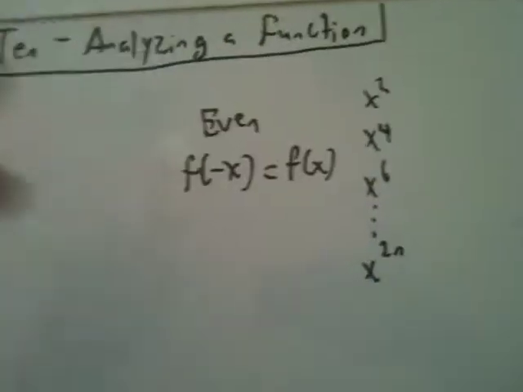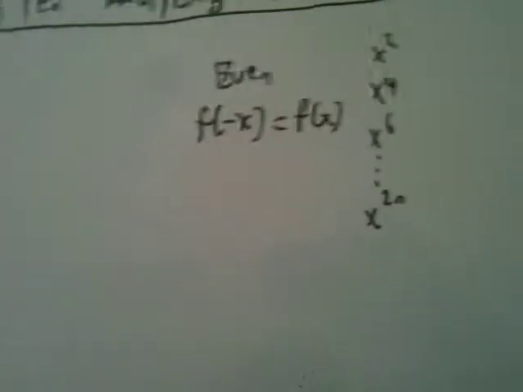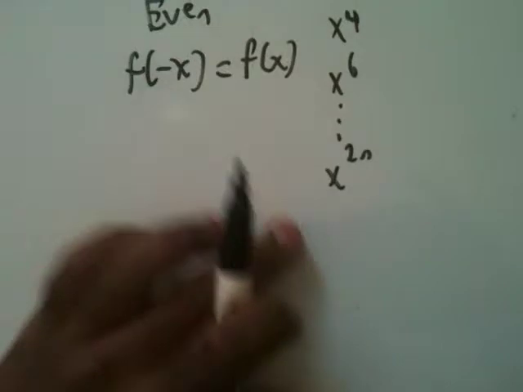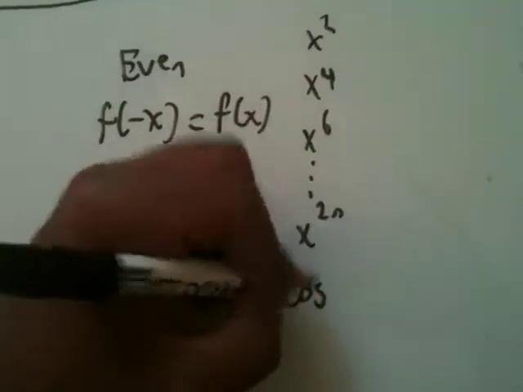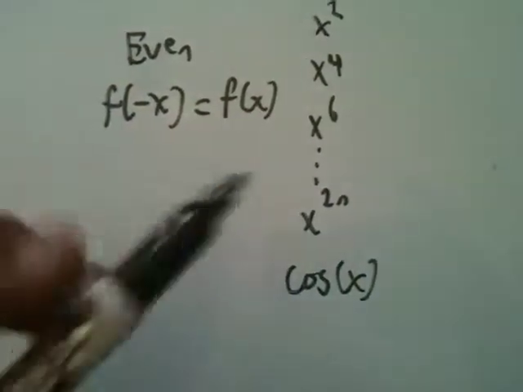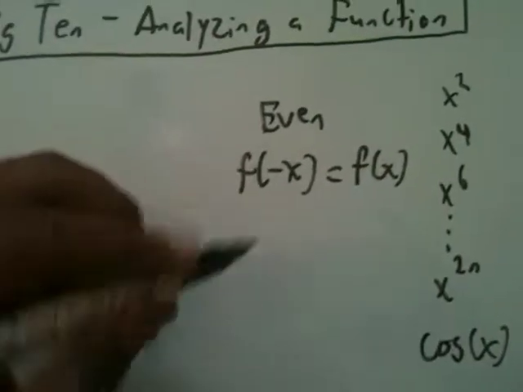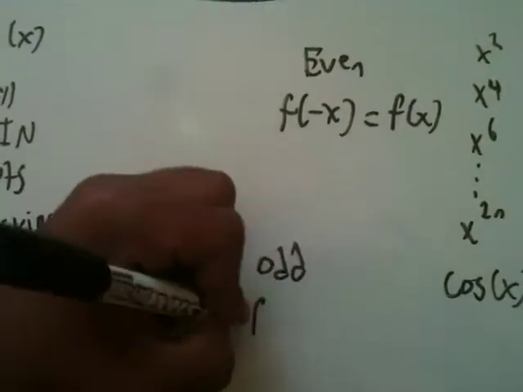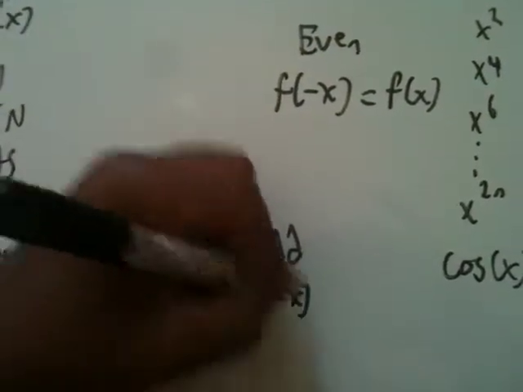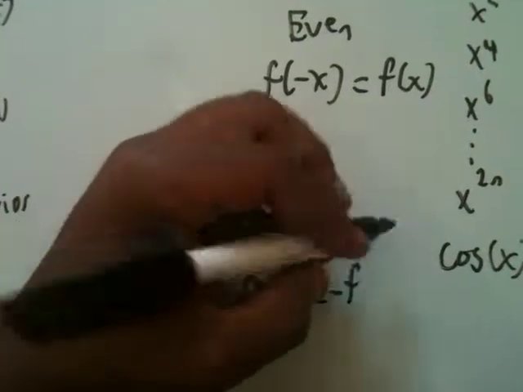Another even function that you may know is one of the trigonometric functions, the cosine function. A function is odd if f of minus x is equal to minus f of x.